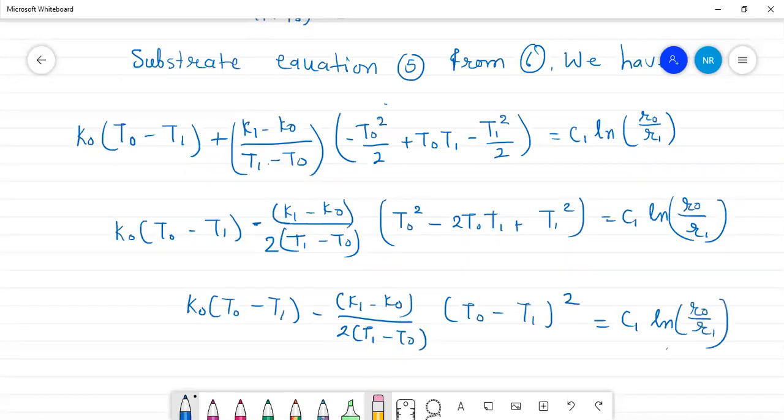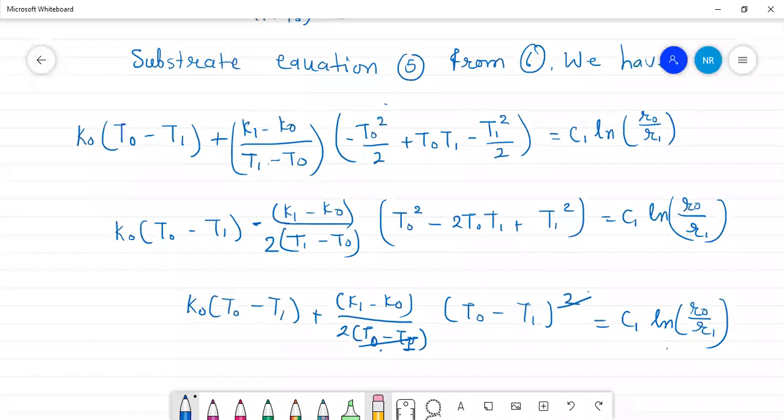And, okay, T0 minus T1 square, T1 minus T0. So what we'll do, I will change this side here. I will make plus here and I will change T0 T1, the T0 T1 here it's square.